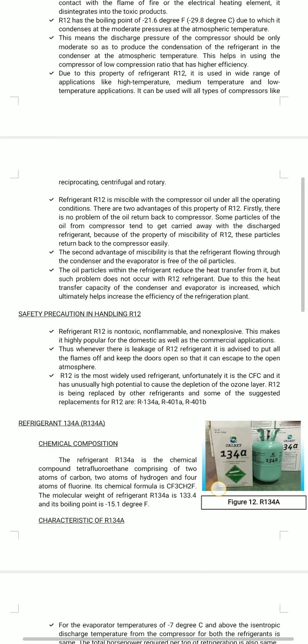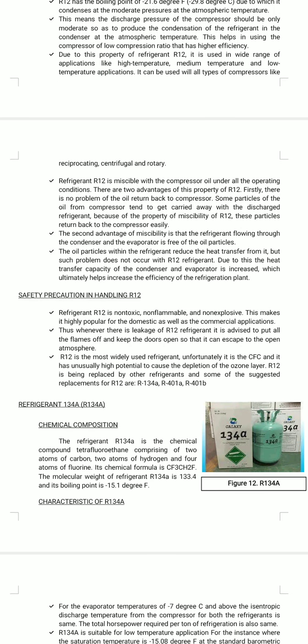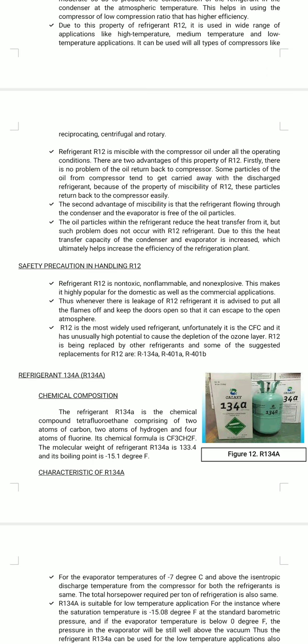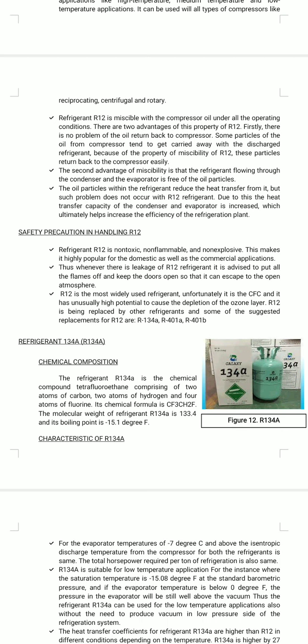Due to this property of refrigerant R12, it is used in a wide range of applications like high temperature, medium temperature, and low temperature applications. It can be used with all types of compressors like reciprocating, centrifugal, and rotary.